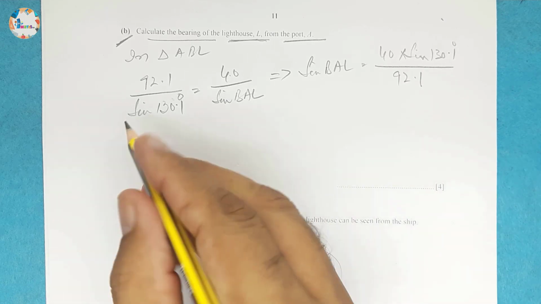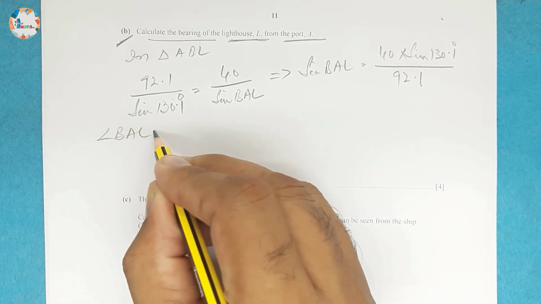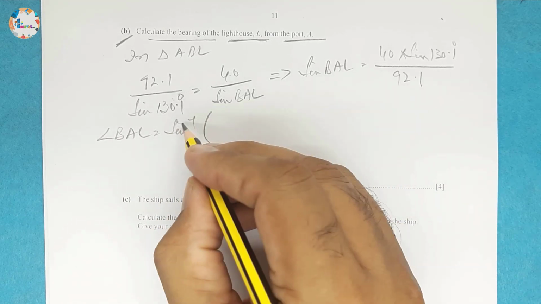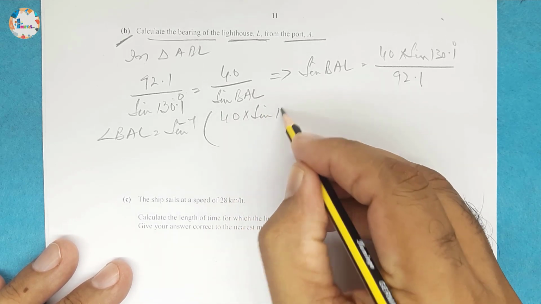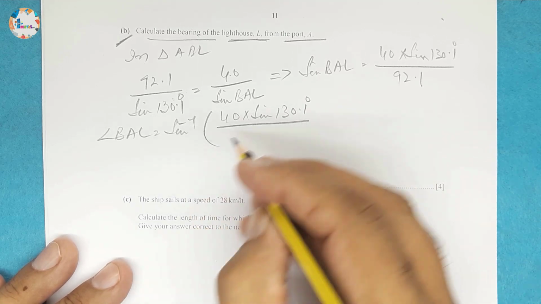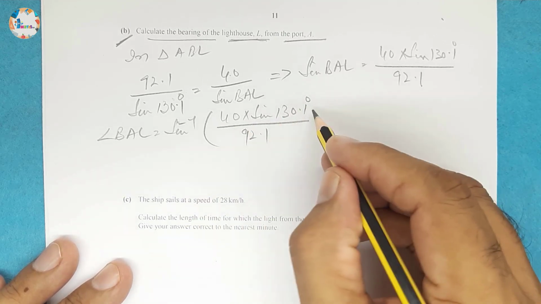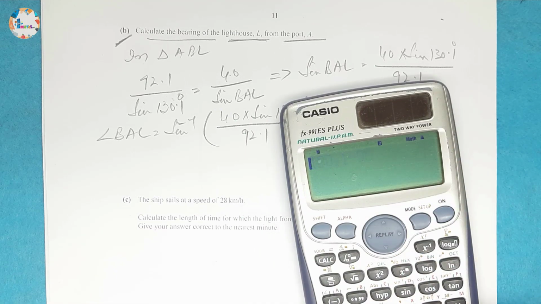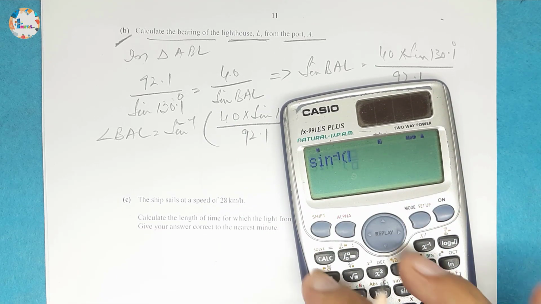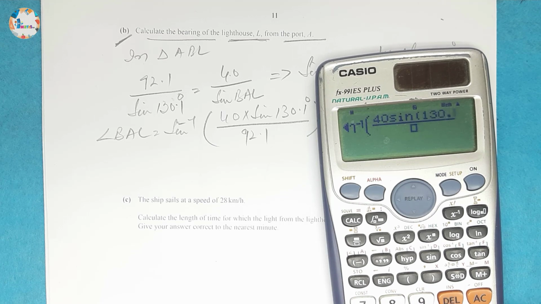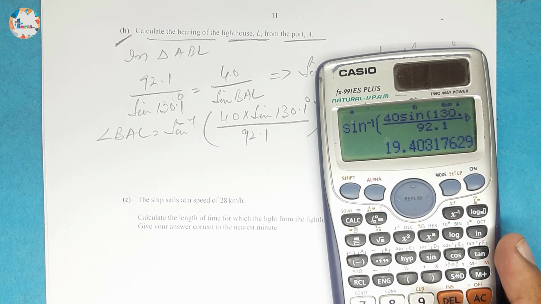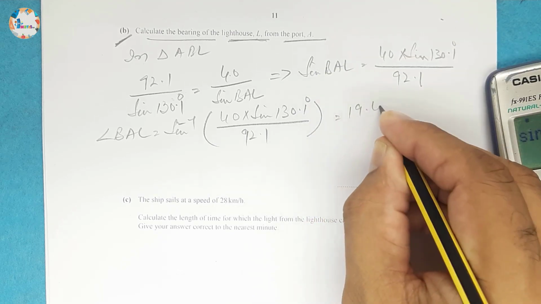So angle BAL will be equal to sine inverse of 40 into sine of 130.1 degrees divided by 92.1, the length. Calculating this, it is equal to 19.40.